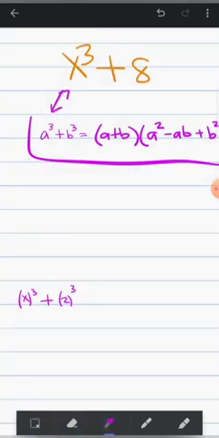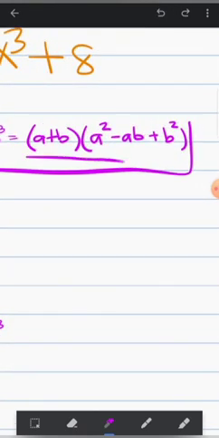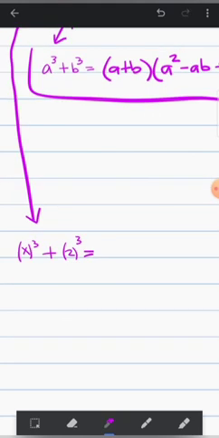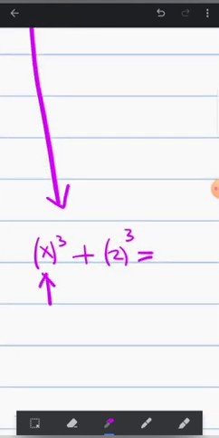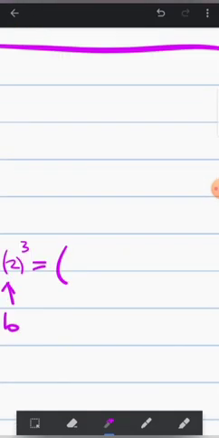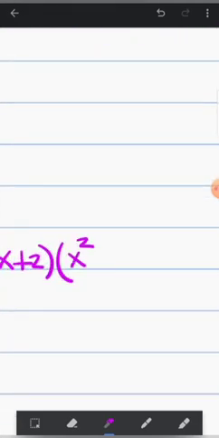This is the equivalent of our case. Here, hope you see it. This x cubed is the equivalent in this a cubed plus b cubed form. So now we just have to use this form so that we can get the factors. It says a plus b. Since our a is x and our b is 2, our first factor is x plus 2. Then our next factor is a squared, so our a is x, and thus it's x squared.